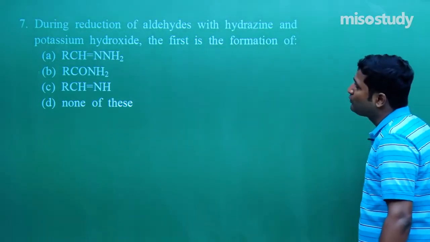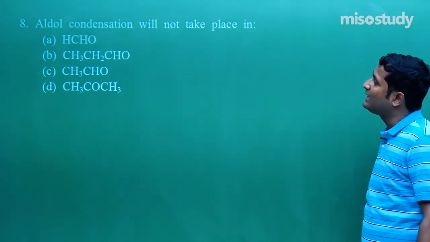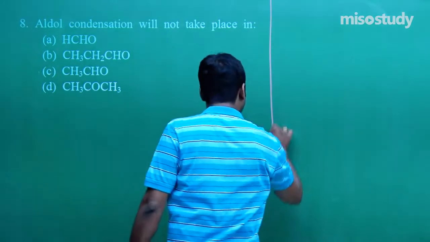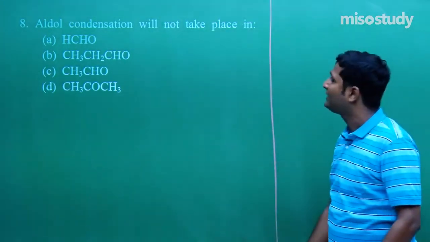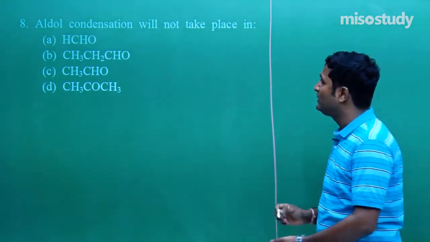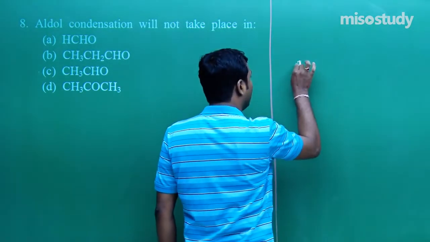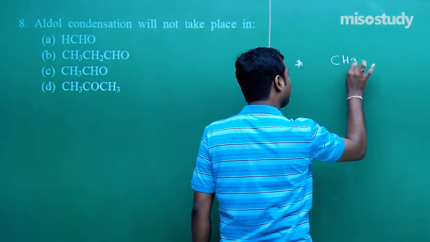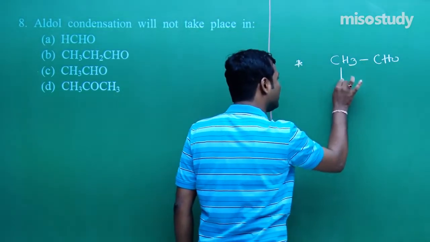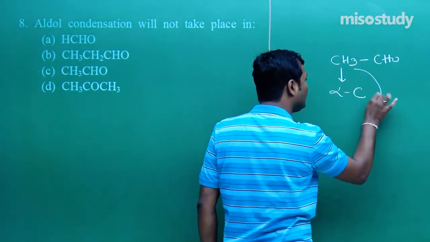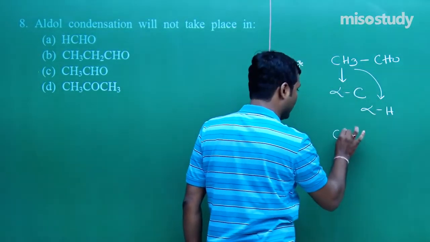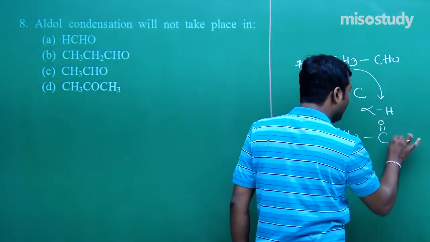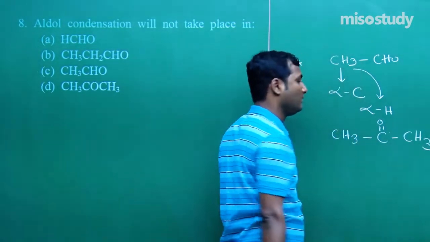Now, let's move to the next segment. Aldol condensation will not take place in which compound? Tell me what will happen. As we know, if there is a presence of alpha carbon, meaning alpha hydrogen, then the carbonyl compound will perform aldol condensation.